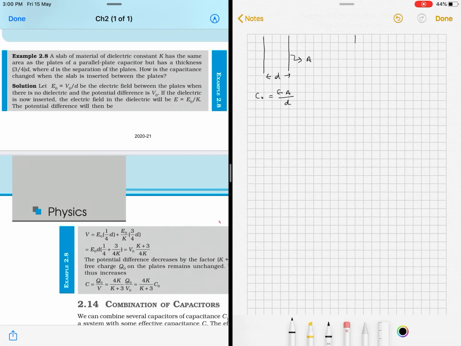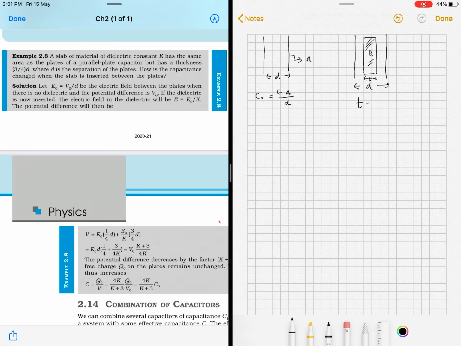Now in the second case, when the separation is D, a dielectric slab of dielectric constant K whose thickness is t is placed in between.